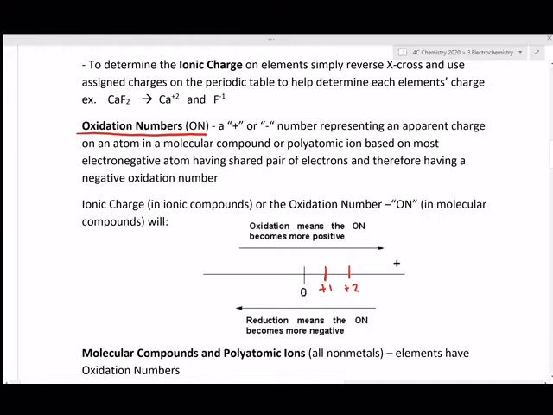If you lose some negative electrons, you should become more positive, because you are losing electrons. If you go the other way, you are gaining electrons, and your oxidation number should therefore become more negative.